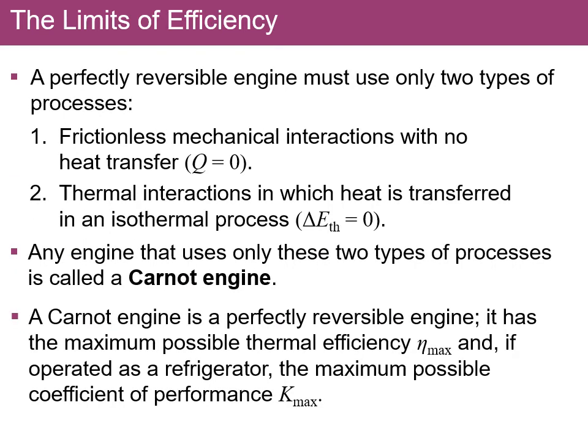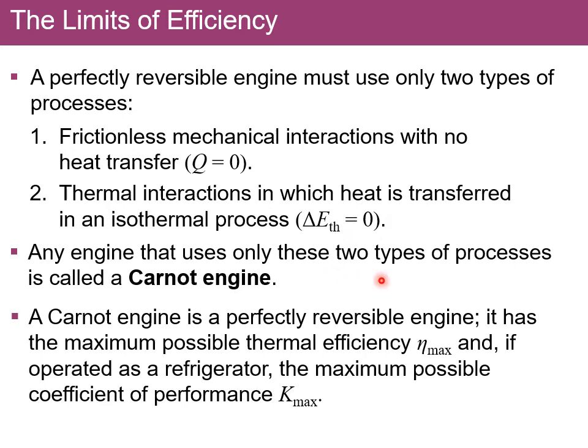A perfectly reversible engine must use only two types of processes. One, frictionless mechanical interactions with no heat transfer, Q equals 0. Two, thermal interactions in which heat is transferred in an isothermal process, delta E internal equals 0.